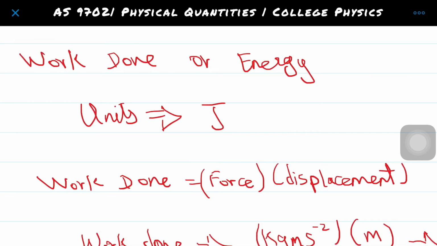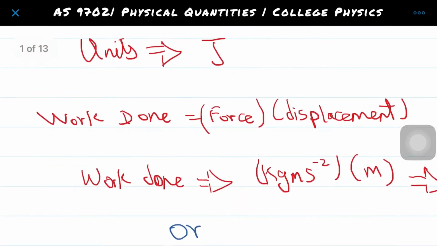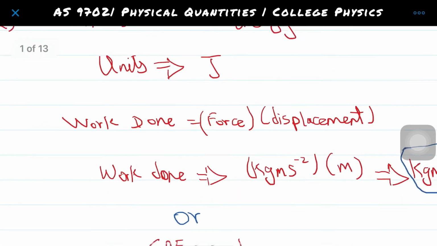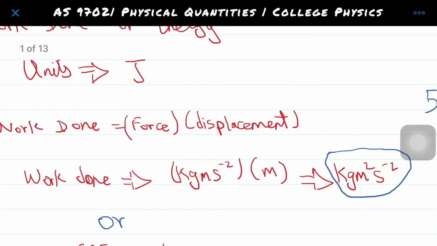Now we will multiply the kg m s^-2 by meter, because meter is basically the unit for displacement, right? Because displacement is length. So we're going to multiply the base units of force by the base unit of displacement, which will form kg m^2 s^-2. So we can know that 1 joule is basically equal to 1 kg m^2 s^-2.